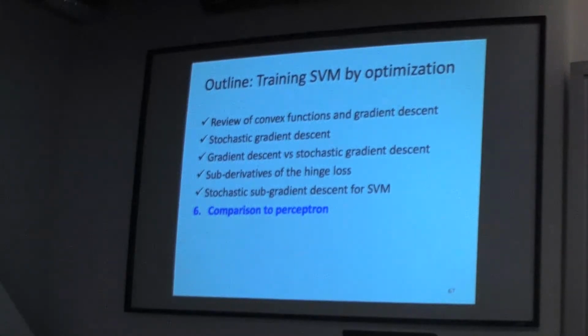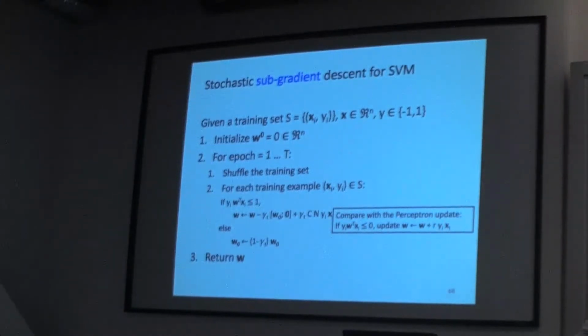The last thing we want to emphasize is an interesting comparison to the perceptron. If we look at the framework for stochastic subgradient descent for SVM, you go through the data set for many epochs. Inside each epoch, you shuffle the training set randomly, then go through each training example.